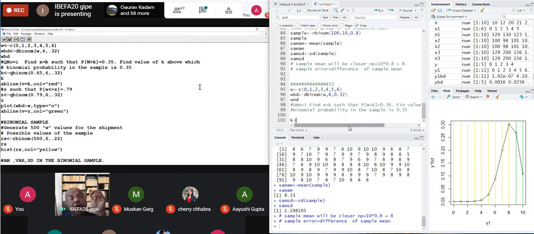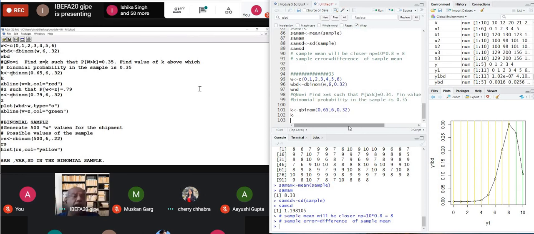If above k it is 0.35, then less than or equal to k, how much will it be? 0.65, correct. Because we have learned that binomial probabilities are either individual probabilities or cumulative probabilities from the minimum to the cutoff point. So here the cutoff point is k.